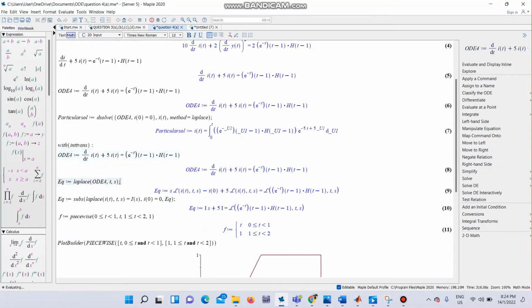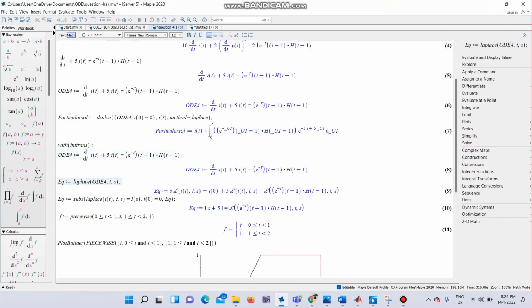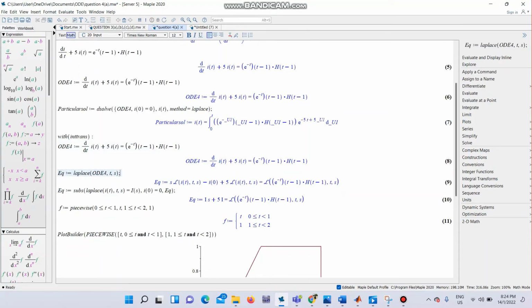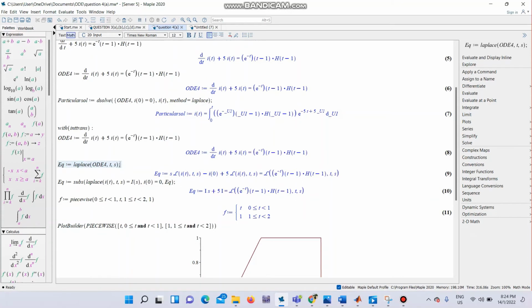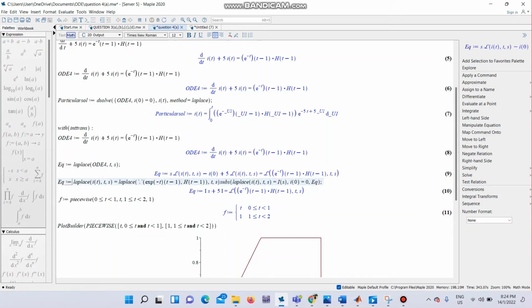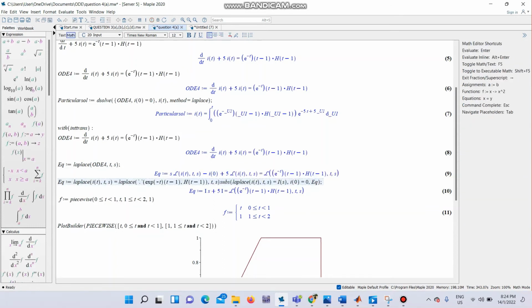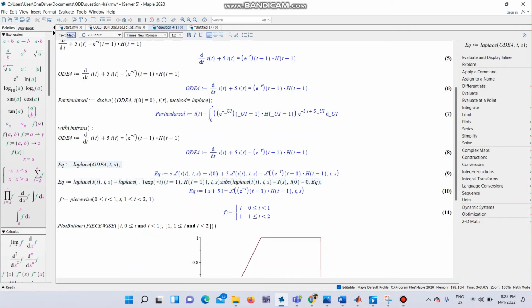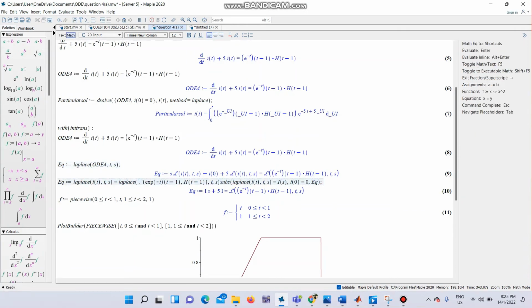And the next part is equation equal to Laplace of ODE 4, t and s. Okay, this is the output, the answer. And the next part is equation equal to subs Laplace, which is equal to Laplace exponent.